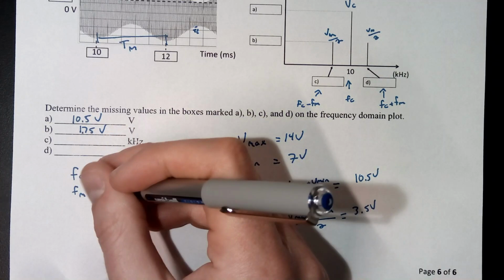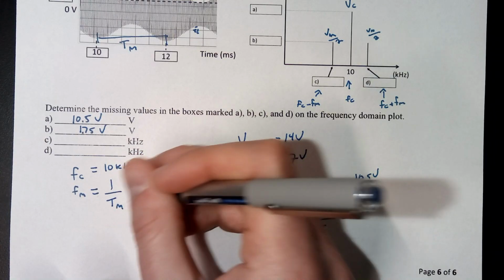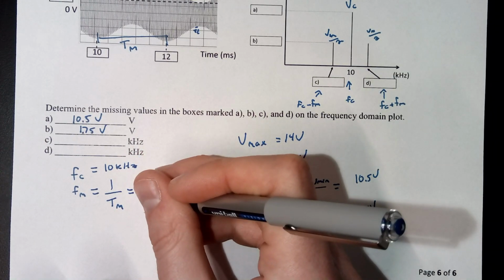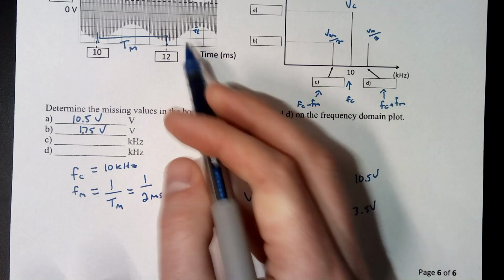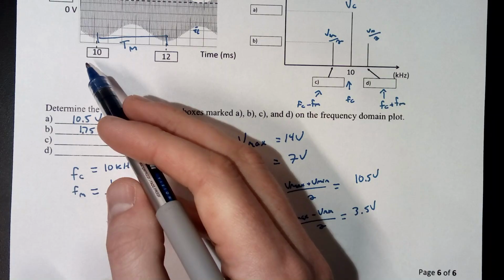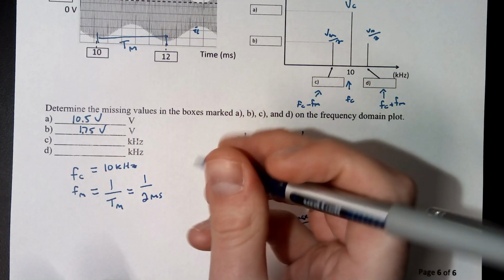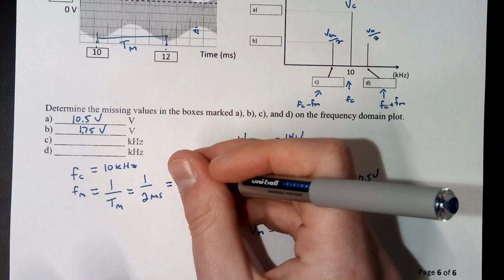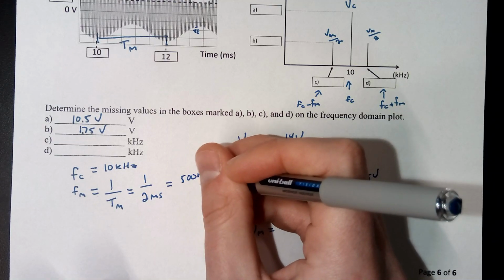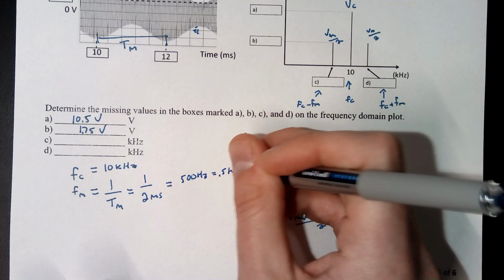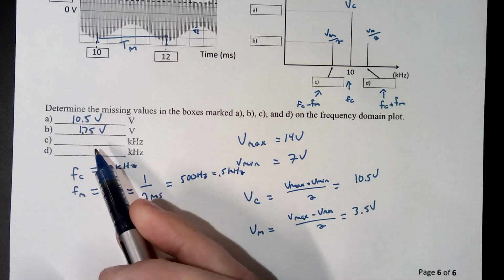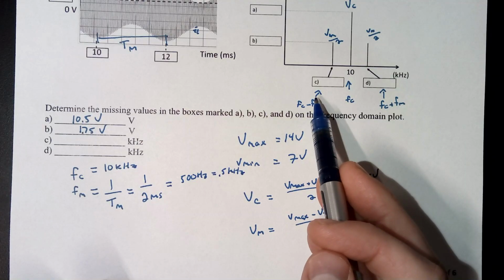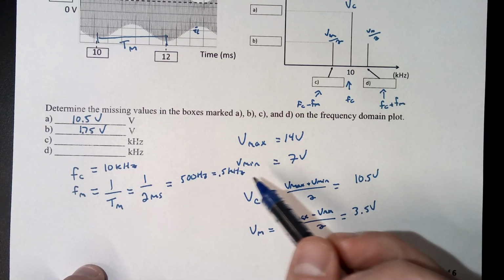So FM is going to be 1 over TM, which is 1 over 2 milliseconds, because we've got 12 minus 10. And so that turns out to be 500 hertz.